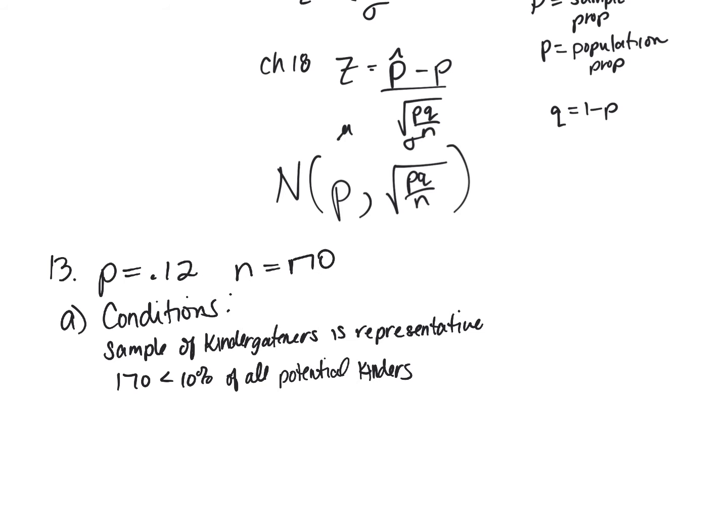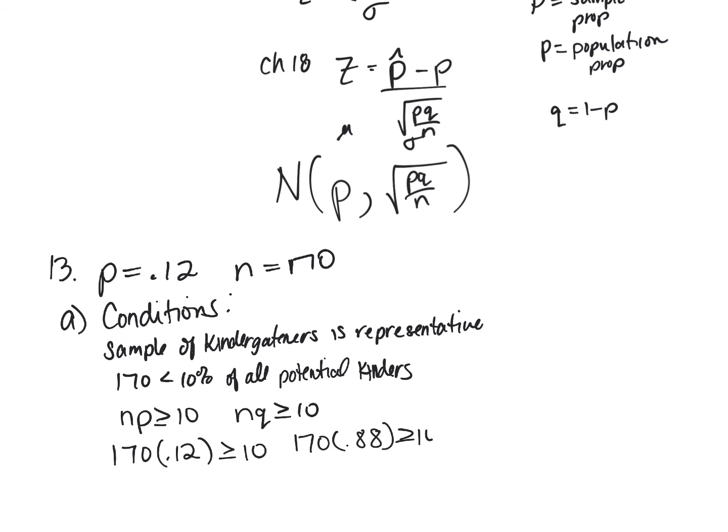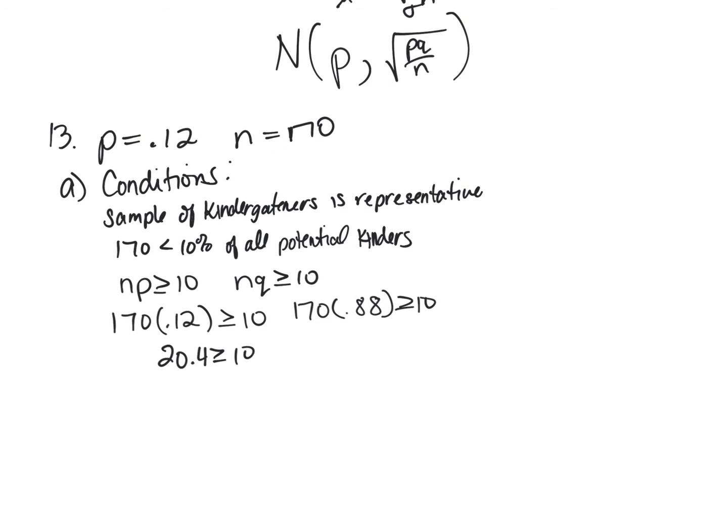And then we check our np greater than or equal to 10 and nq greater than or equal to 10. So that's 170 times 0.12 and 170 times 0.88, and 20.4. Yes, I know that you cannot have 20.4 kindergartners.